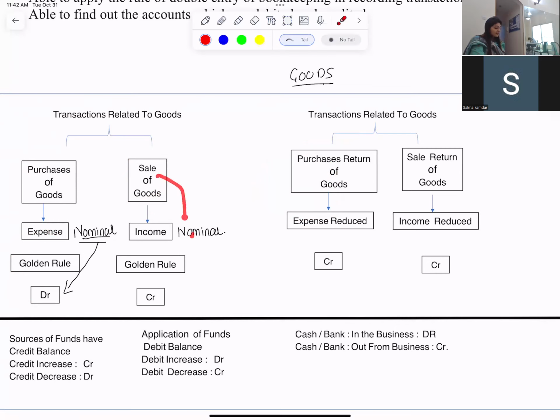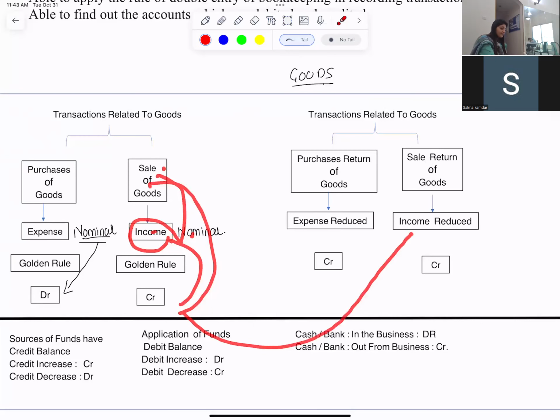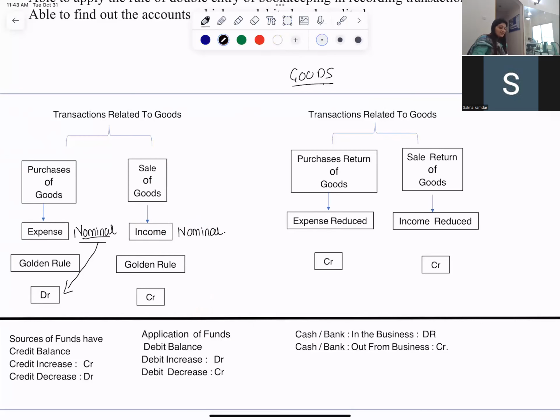So if it is income, sales income, if sales is credit, then sales return will be debit. Very good. So transactions related to goods. What are the transactions that are related to goods? You will use these four words only if there is a specific mention of the word goods.